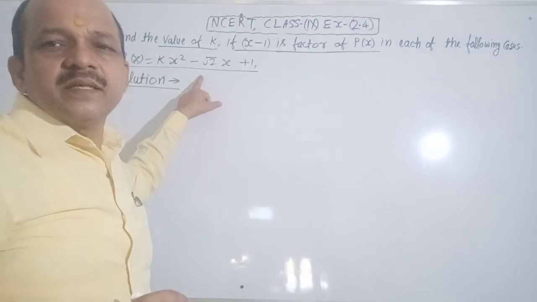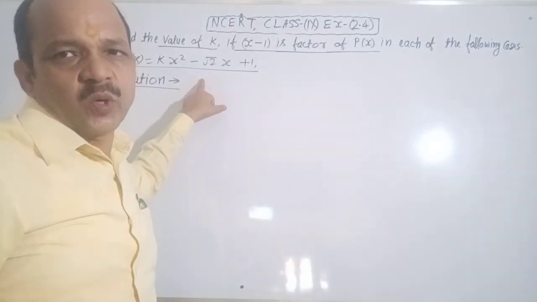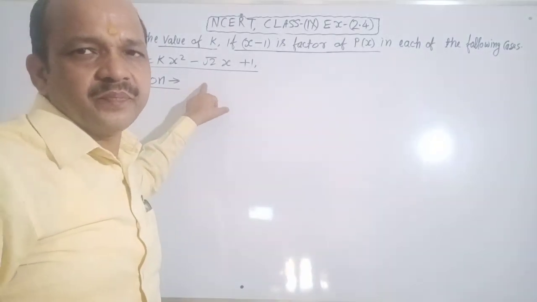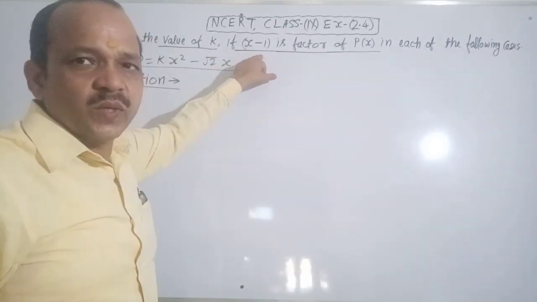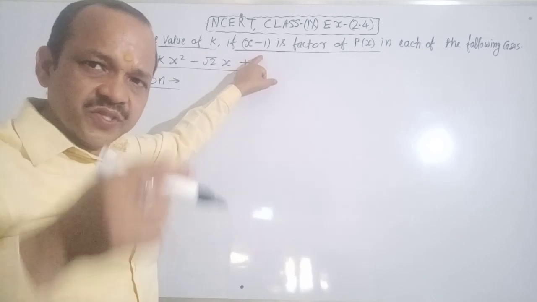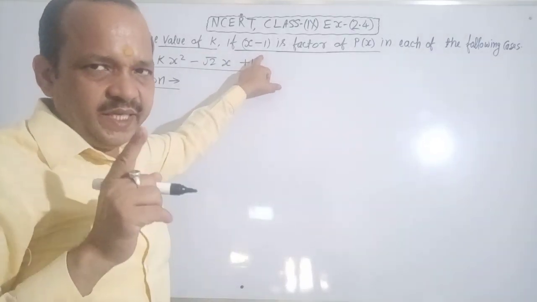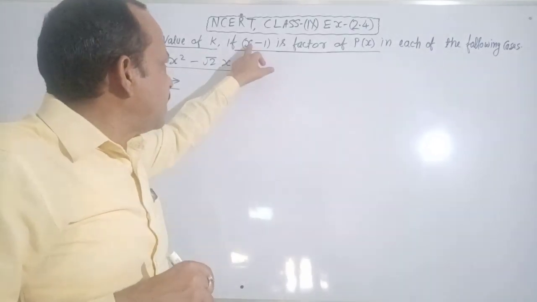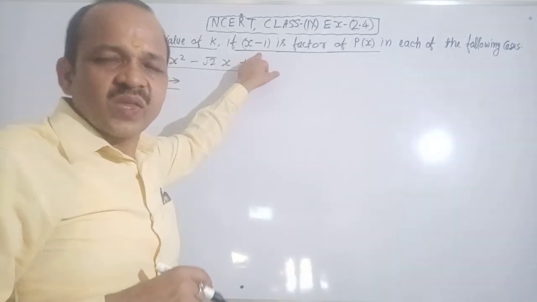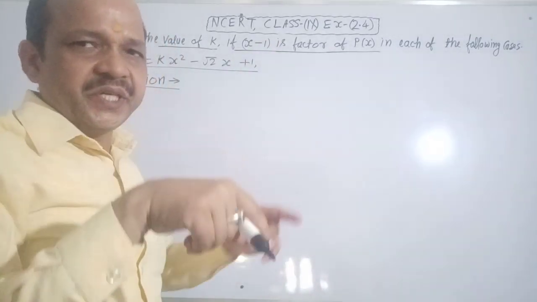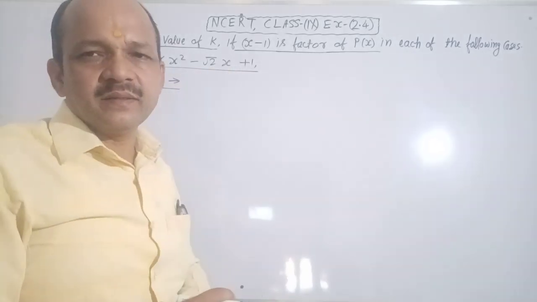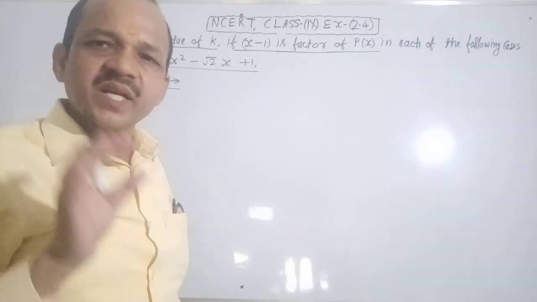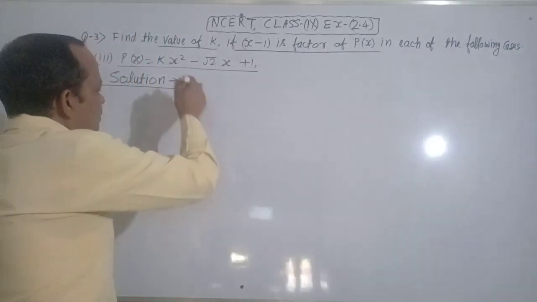Here it is the dividend, means the given polynomial, and x minus 1 is g(x), means the divisor. It is clear? You find the value of x and then you put it in the given polynomial. In this way you can find the value of k. Clear? See the solution.